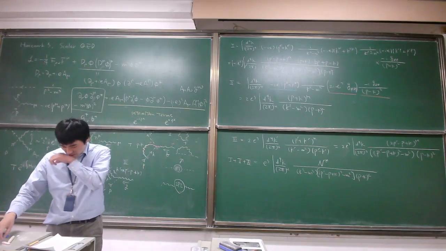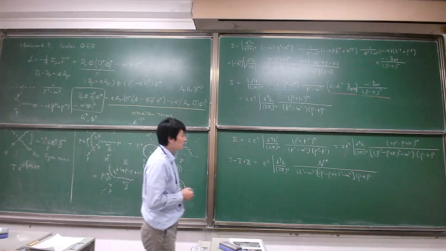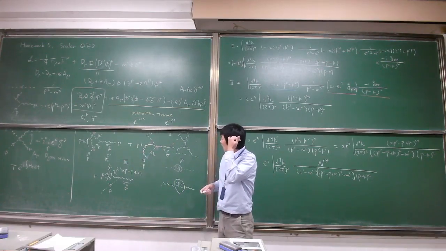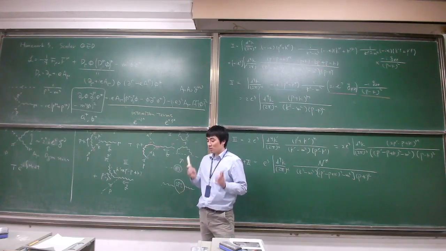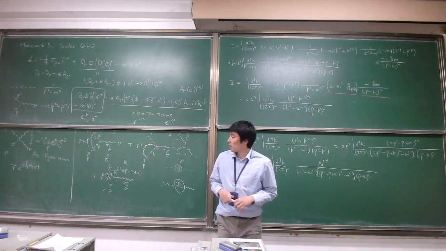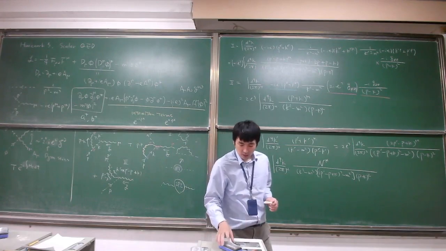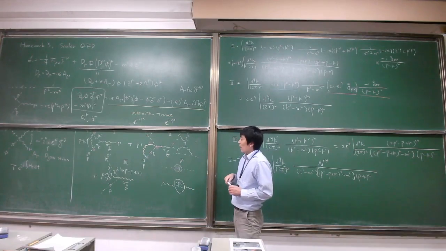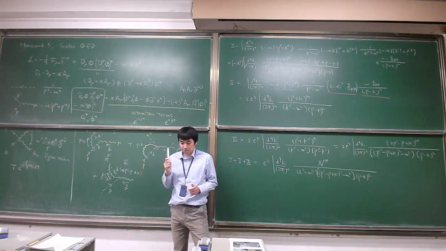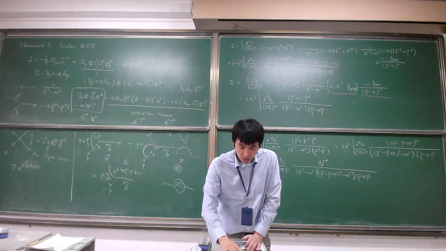Of course, a human being will make a lot of mistakes, but mistakes in calculation are not that important. The important thing is to understand what's going on in quantum mechanics at one loop, given a Lagrangian. So that's the meaning of the homework on scalar QED. So you have to be careful.